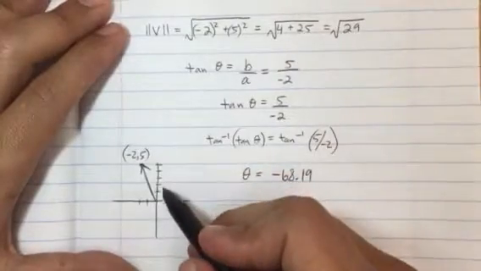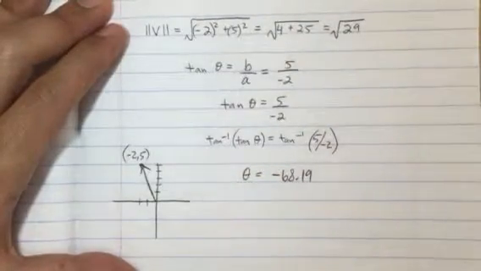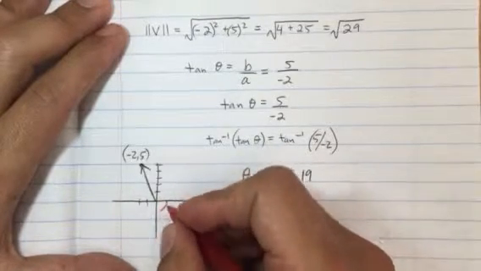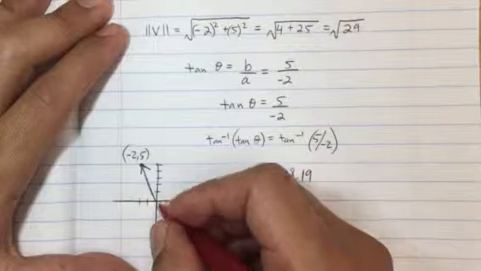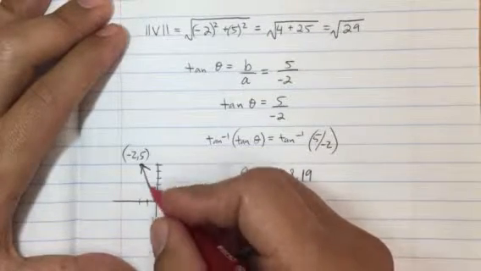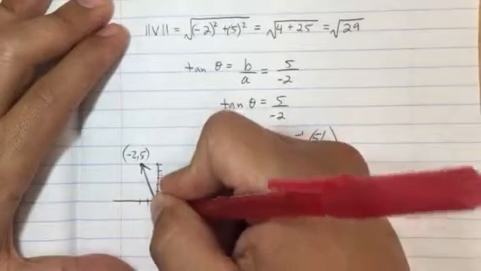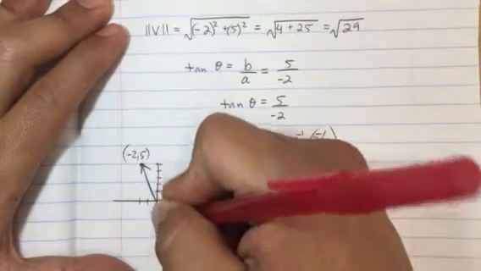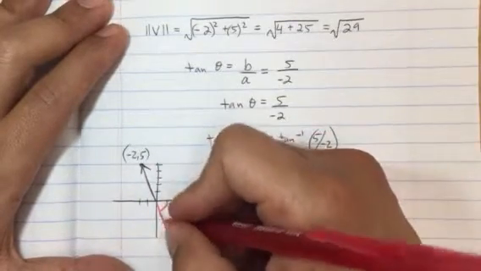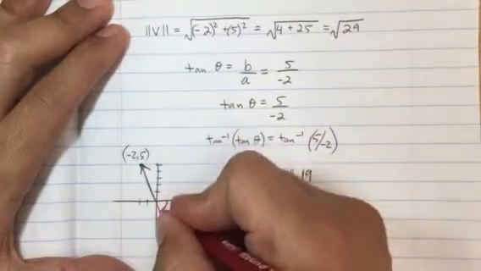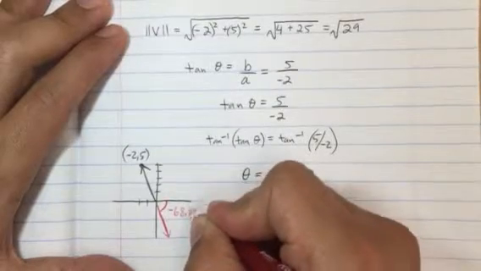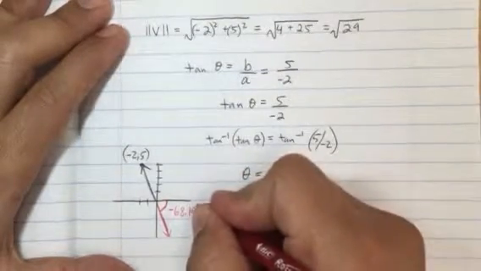Okay, but if we notice -68.19, that's an angle over here. So it is telling us the direction of a vector, but it's not the right direction. It's actually telling us the direction going this way, as if this vector was going in the negative direction. We don't have that here. So this angle, -68.19, is not the angle that would give us the right answer.